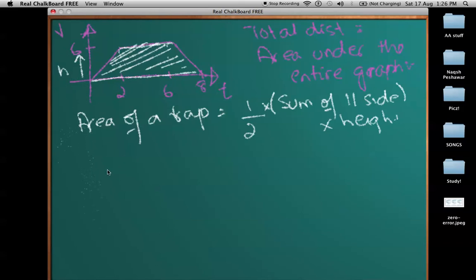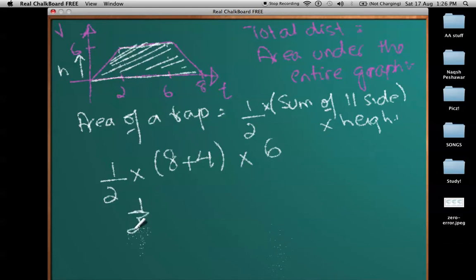So we can simply use half times the sum of the two parallel sides. The first parallel side is from 0 to 8, so 8, plus the other parallel side from 2 to 6, which is 4. So 8 plus 4 will give me 12, times the height, which is 6.